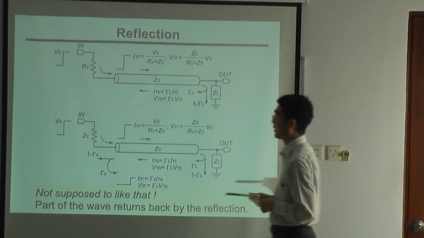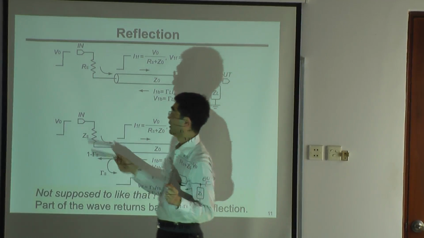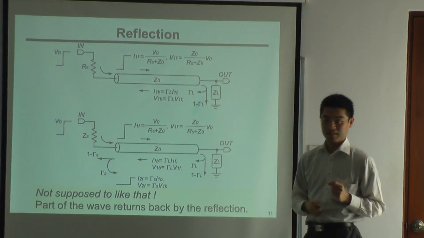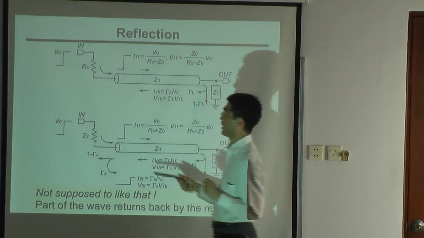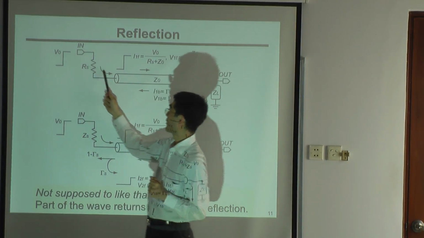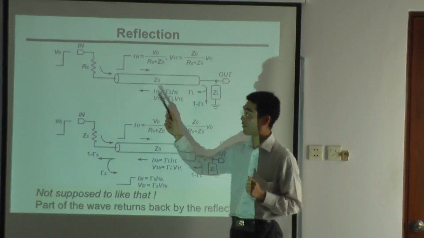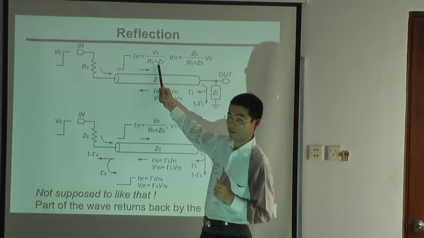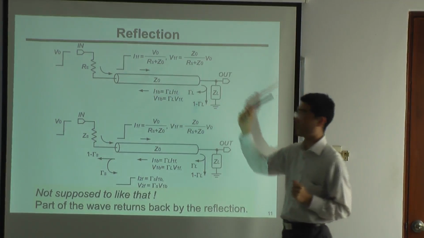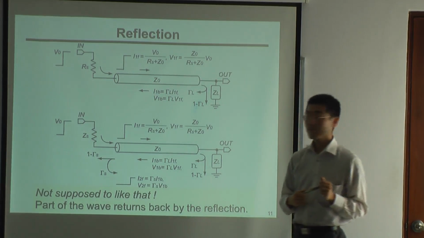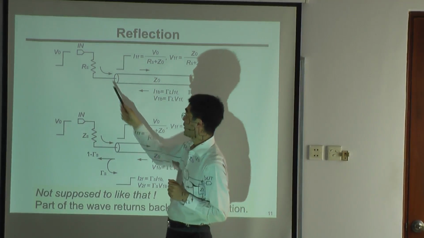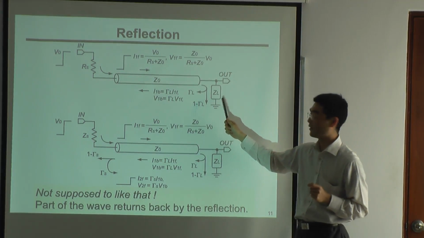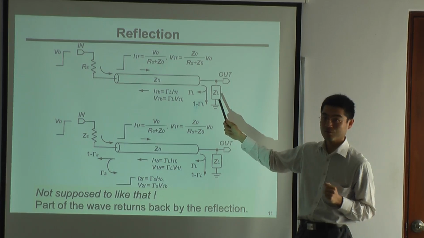For AC signals, and this step change means AC, this step change feels that there is a Z0 impedance. So the first input current becomes like this, and the voltage becomes like this. And this assumes we have Z0 termination.